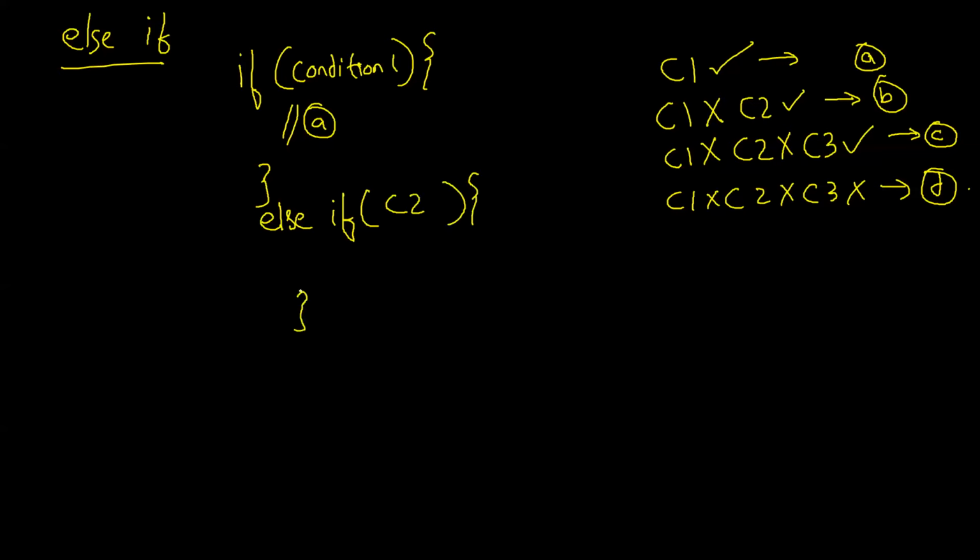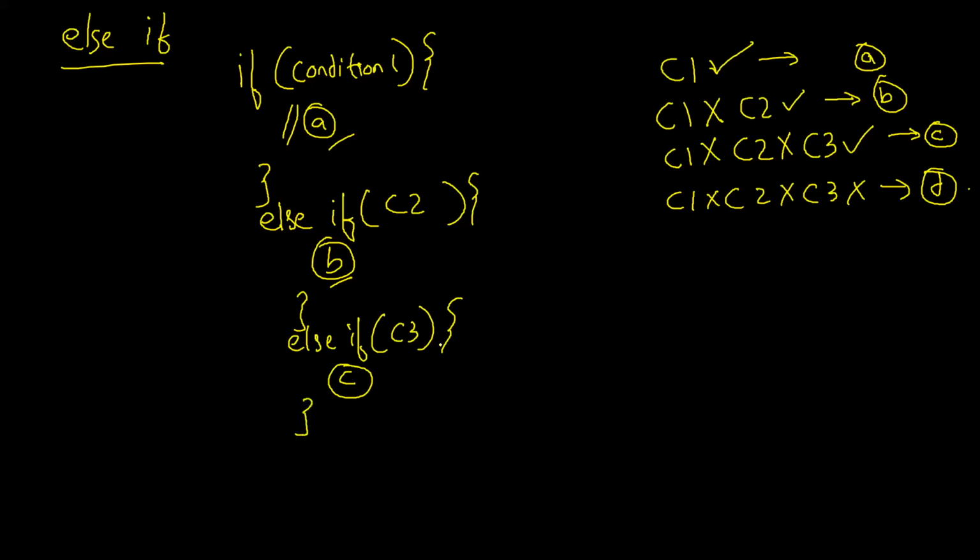In that case, it will have some code, B. So if C1 is true, A will be executed. If condition 1 is false and condition 2 is true, then B will be executed. Else if C3: even if C2 is false, at that time C3 will be checked. If this is true, then C will be executed, correct?